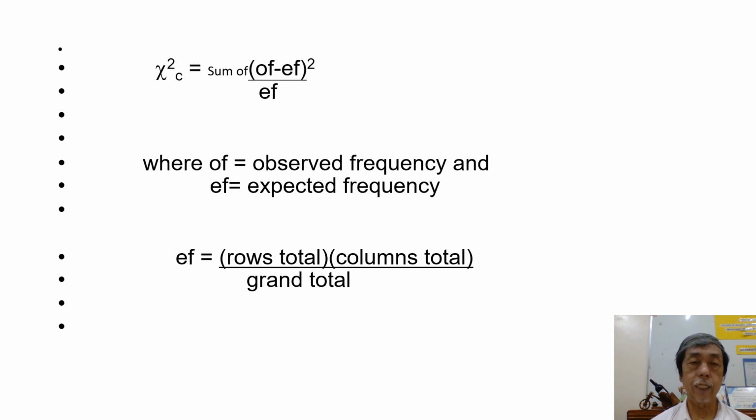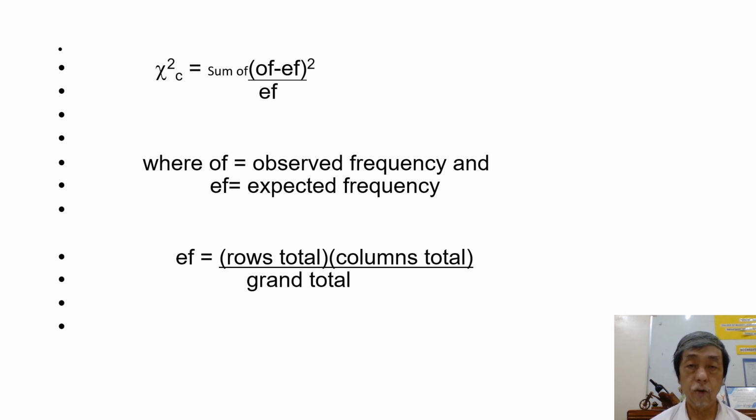It is therefore necessary that we determine the value of the computed chi-square, and its formula is the sum of the difference between the observed frequency and the expected frequency, squared, divided by the expected frequency.